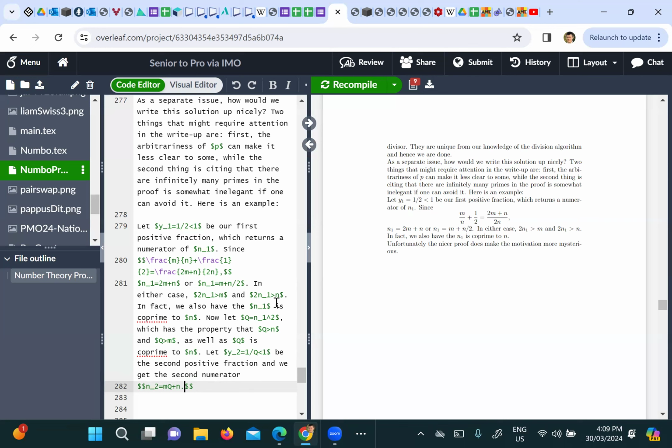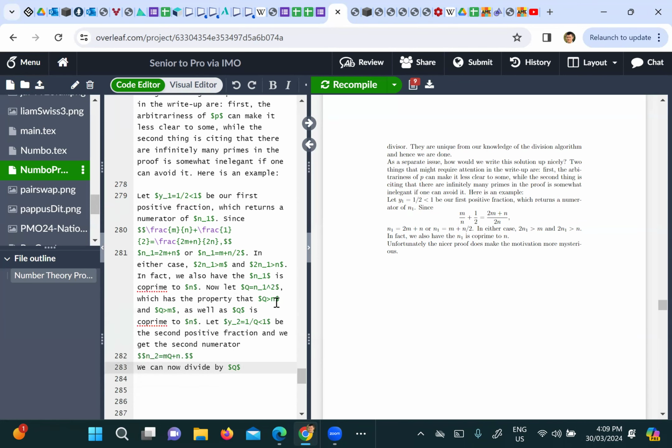But it serves its purpose, you see? You now divide n2 by q and read off m as the quotient and n as the remainder. Yeah?